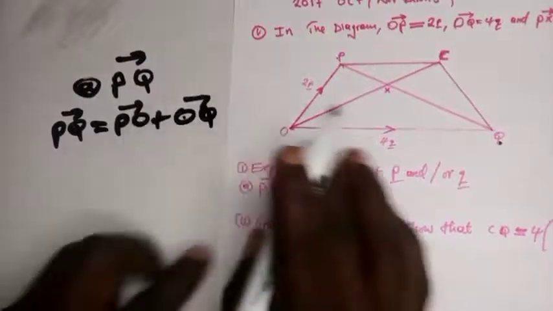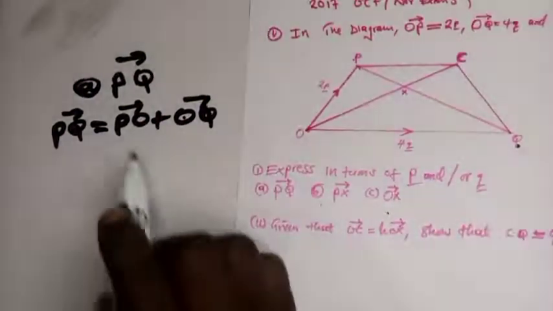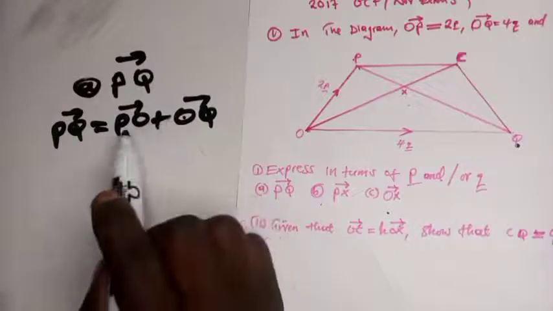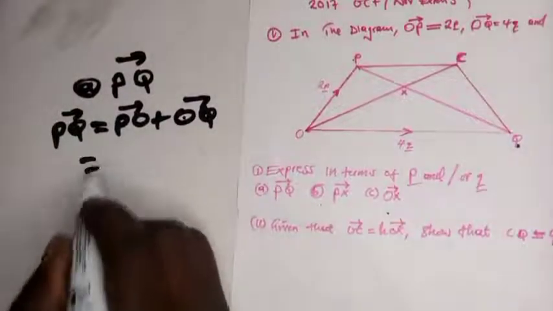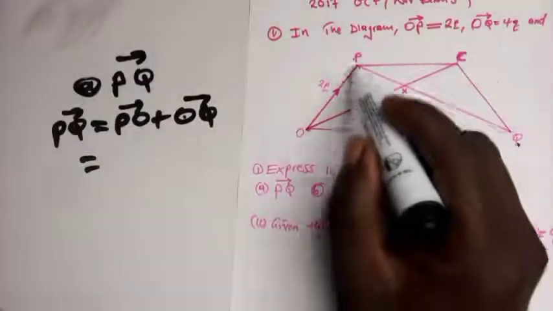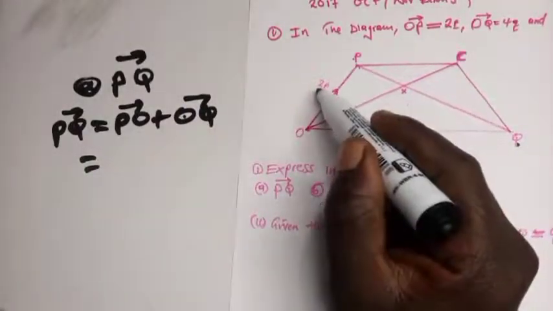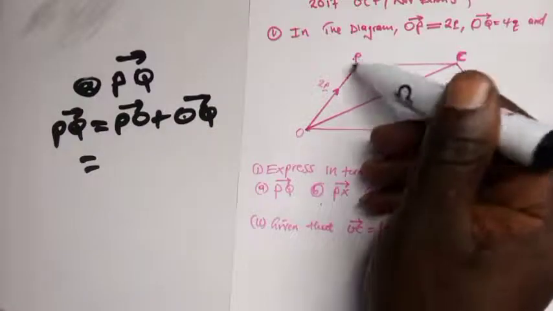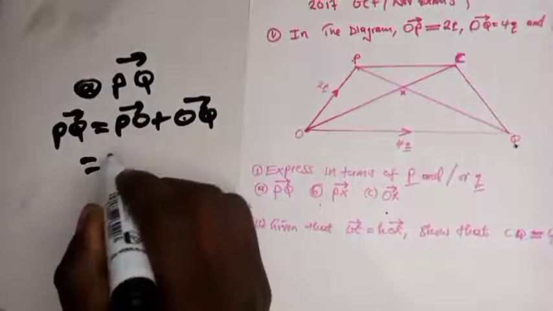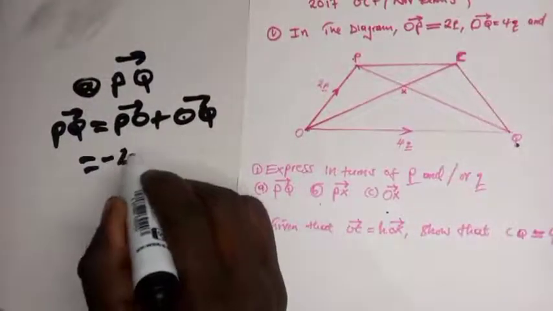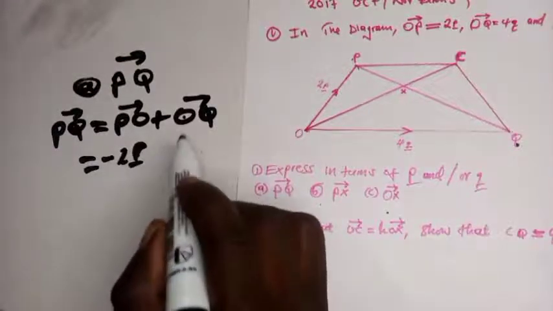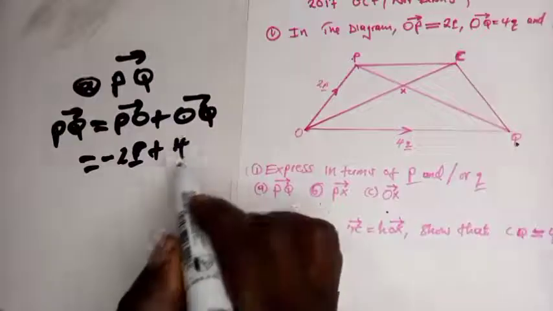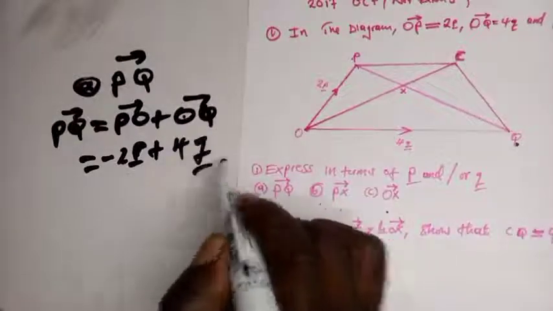As you can see, the common letter is O. Then we have vector PQ. So let's substitute now. For PO, we have 2p, and we are moving in the different direction, so it will be minus 2p, plus 4q.